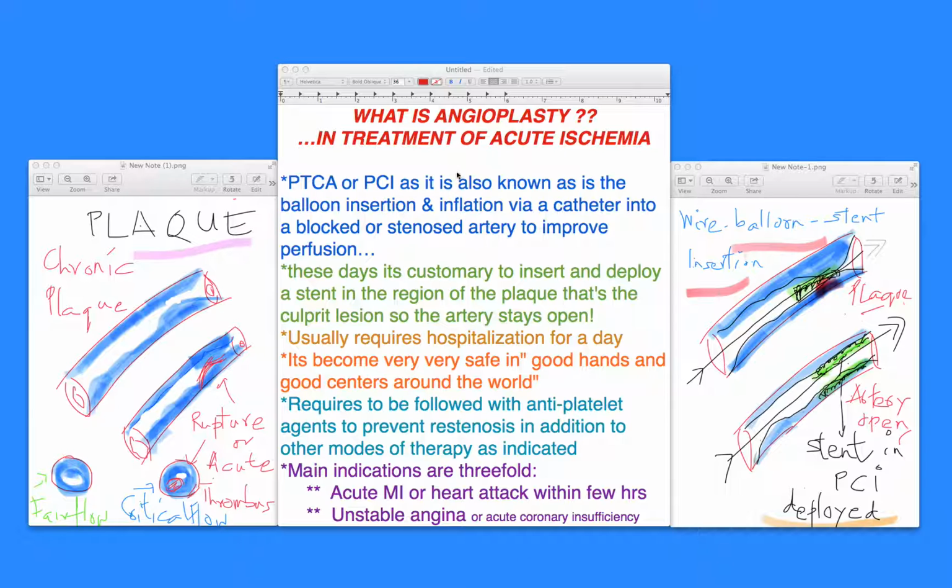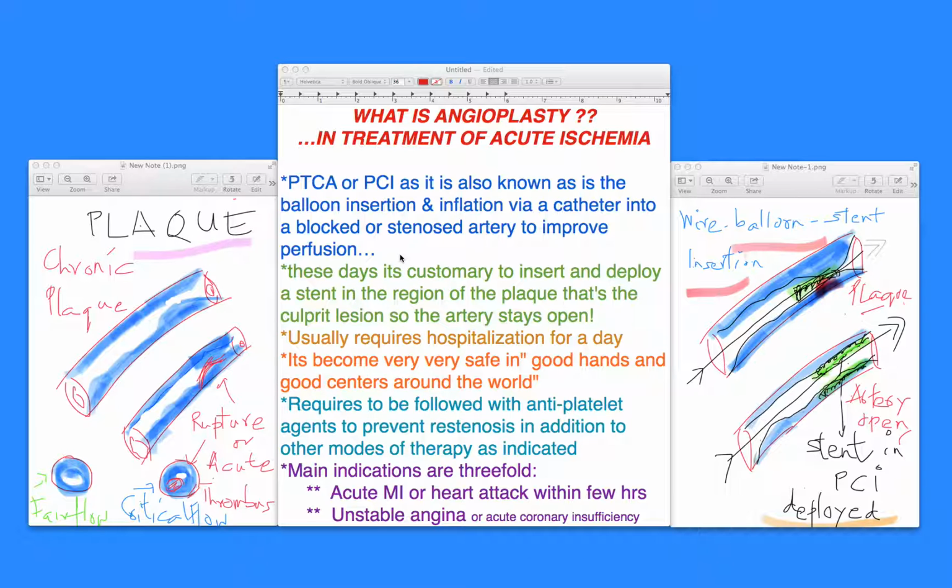So what is angioplasty? In the treatment of acute ischemia of a heart attack or an acute coronary insufficiency, a catheter is passed with a balloon attached to it, and that balloon is inserted and inflated near the region where the plaque is extremely narrowed or the artery is stenosed.